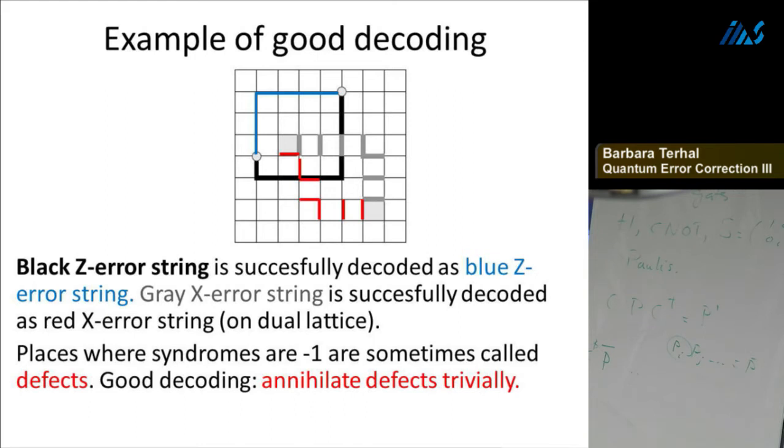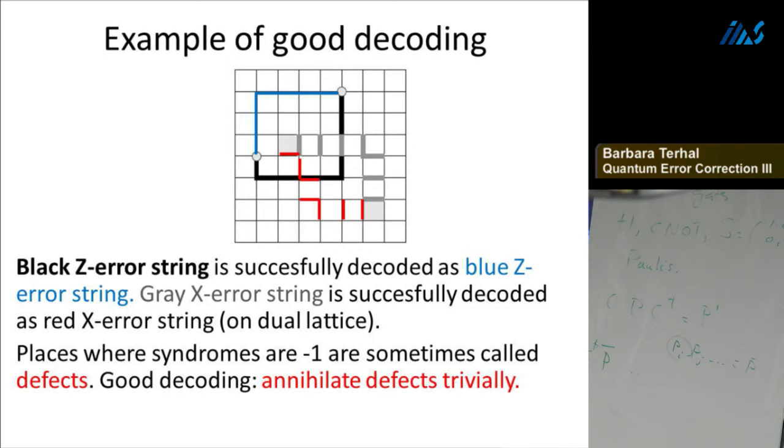We detect at these 2 points where this string ends, we'll get a non-trivial syndrome. On the basis of that, we decide upon this error string of low weight. And you see then we make no error. It's a good decoding because the product of this error and that error is this trivial loop.